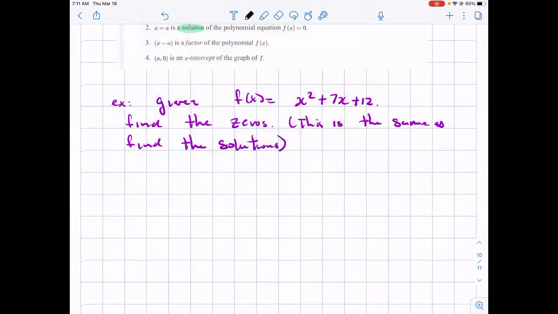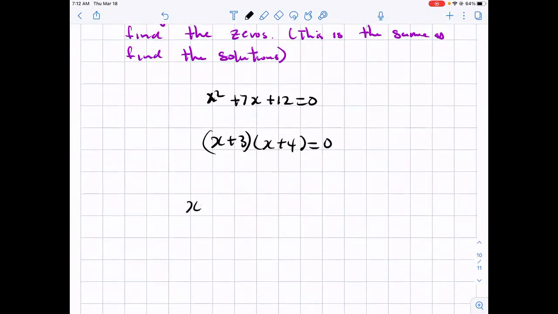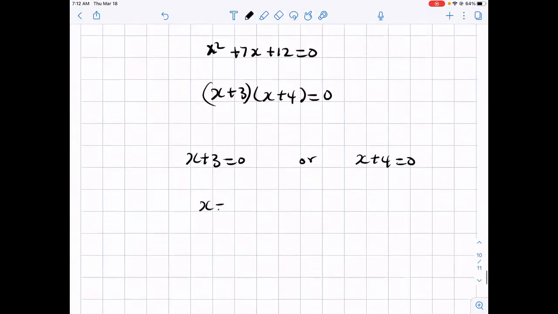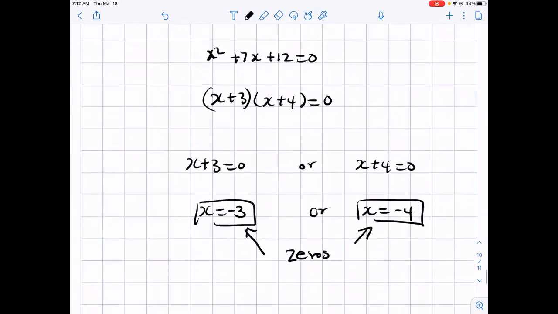So x squared plus 7x plus 12 equal to 0. So x plus 3 times x plus 4 is equal to 0. So x plus 3 is equal to 0, or x plus 4 is equal to 0. So x is equal to minus 3, or x is equal to minus 4. These are your zeros.